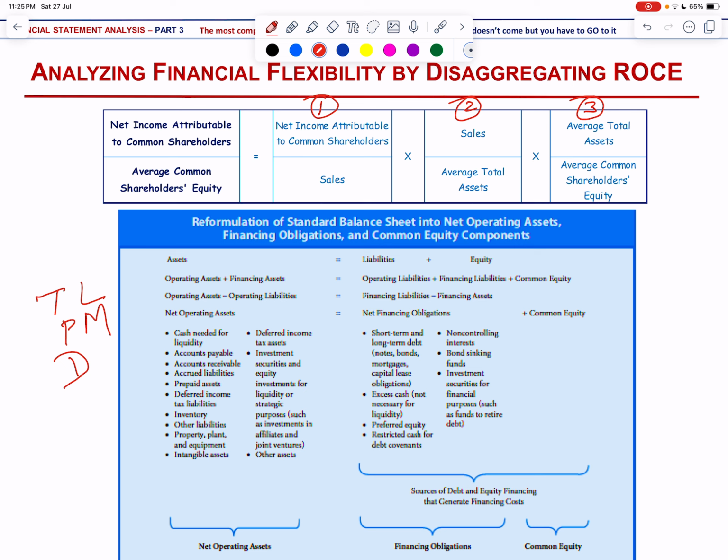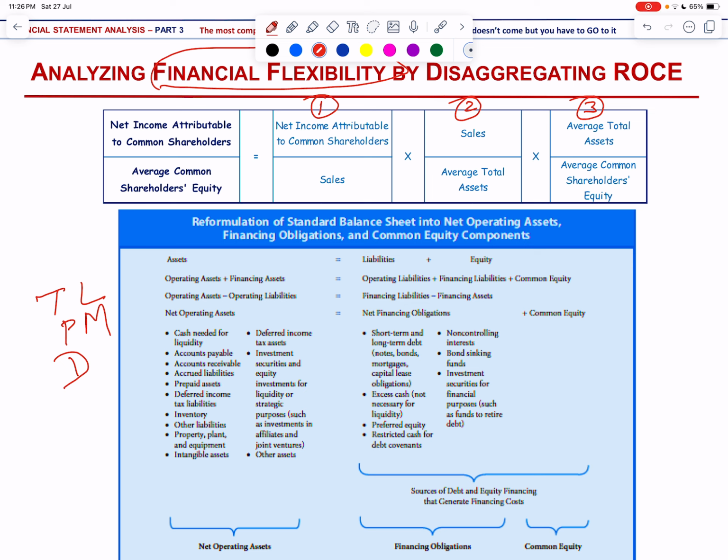So, this approach has a limitation as it doesn't directly show how much a firm can increase leverage to benefit common shareholders without hurting profitability, known as financial flexibility. These factors must be carefully managed to ensure sustainable growth and shareholder value creation.